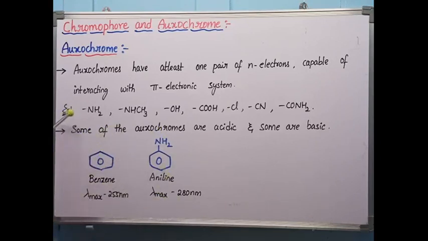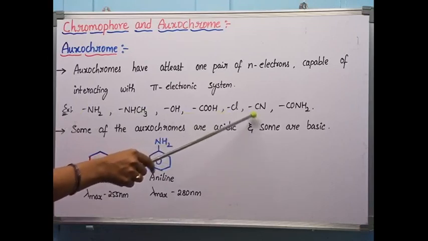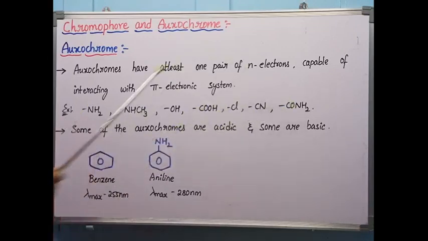The best examples I can give you are different auxochromes. NH2 amine group, NHCH3, a secondary amine group. OH you can observe as a hydroxyl group, COOH acid group, Cl chlorine group, CN a cyanide, and CONH2 amide group.